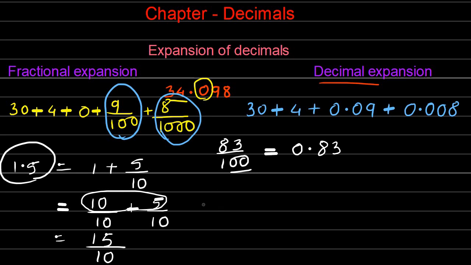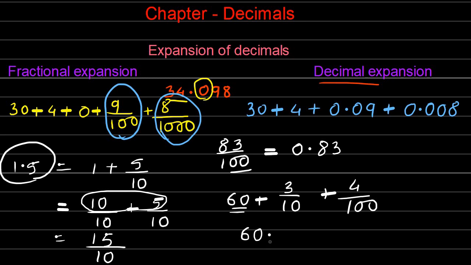Now they may also give you the expanded form of any number, like they can ask you 60 plus 3 by 10 plus 4 by 100 and they will ask you to write it in decimal form. So as you can see, 60 is without any fraction, without any denominator. So that means it is our whole number. So it will be as it is, 60 point.